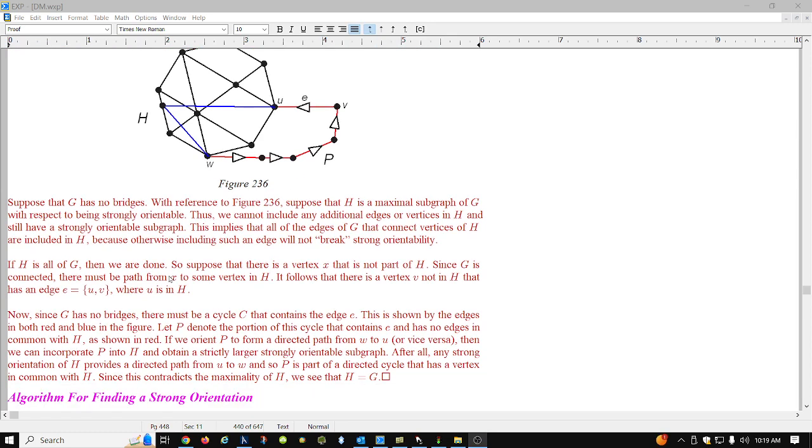Now since G has no bridges, there must be a cycle, I called it C, that contains the edge E. And I've drawn a picture of that here. It's the red and the blue edges.